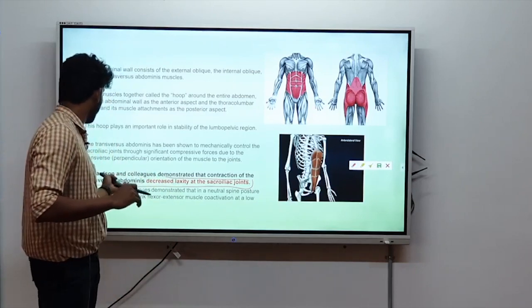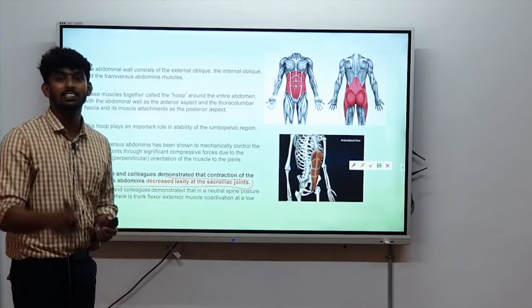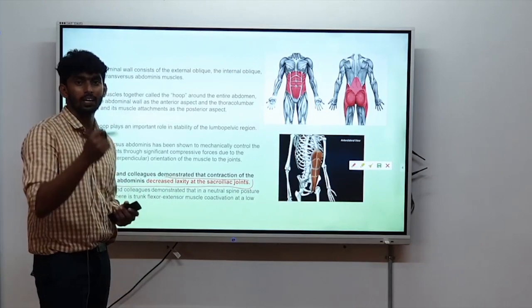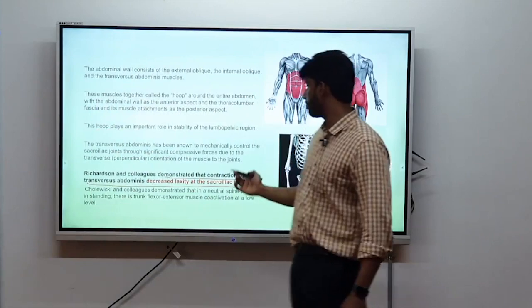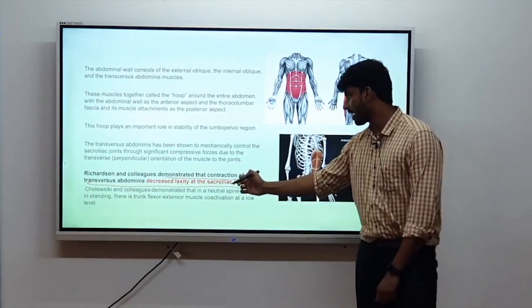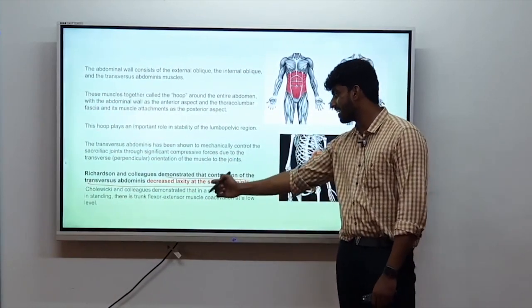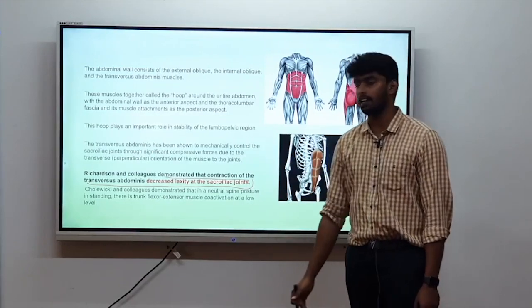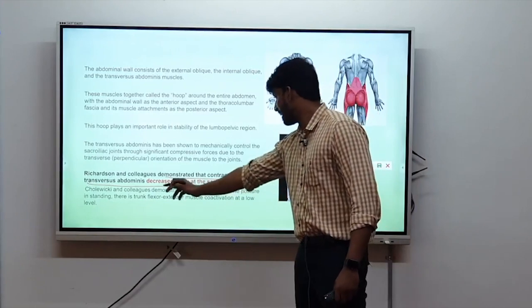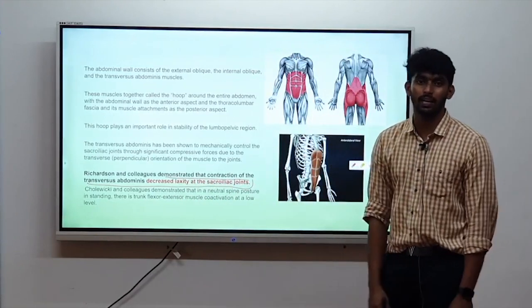What if the transverse abdominal muscle decreases its tone, or its strength is reduced? The reverse will happen. What if the abdominal muscle is contracting very little? There will be increased laxity at the sacroiliac joint.